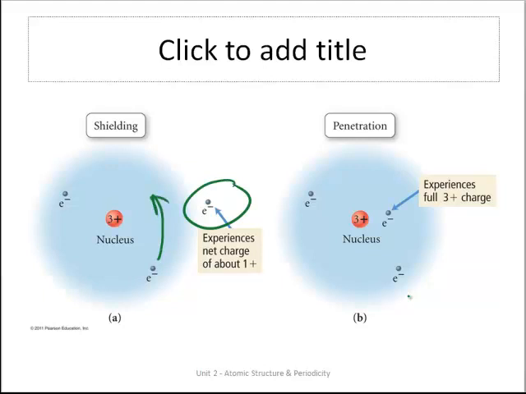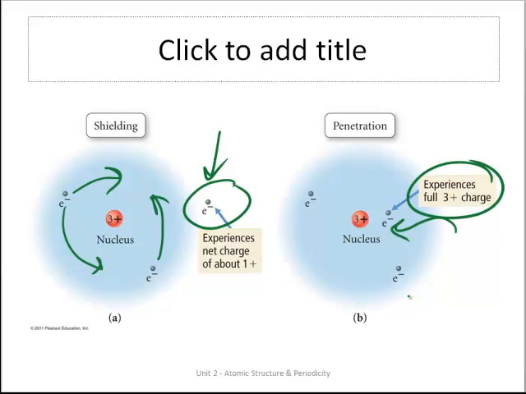These electrons in the 1s orbital are flying around at very high velocities. They actually block or shield some of the charge that this outer electron experiences. If that outer electron penetrates into the lower orbitals, say the 1s orbitals, it experiences a full positive 3 charge, the entire positive charge of the nucleus.